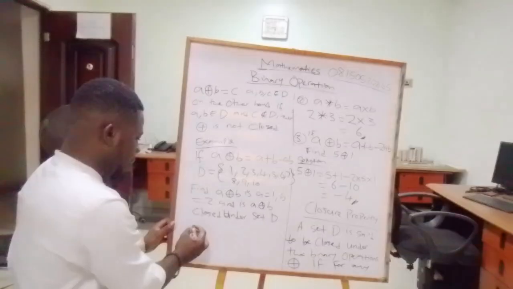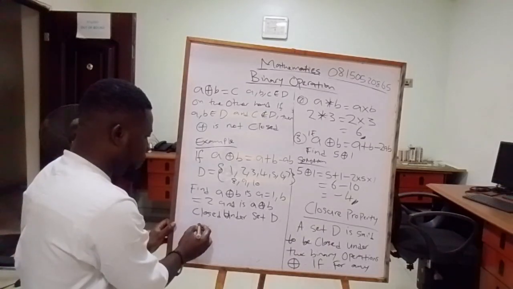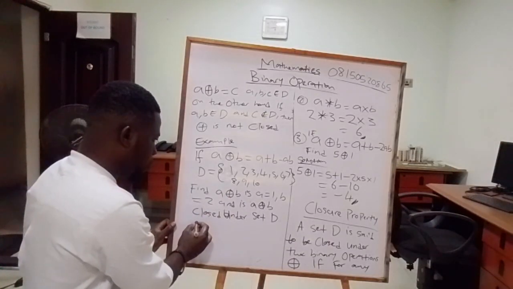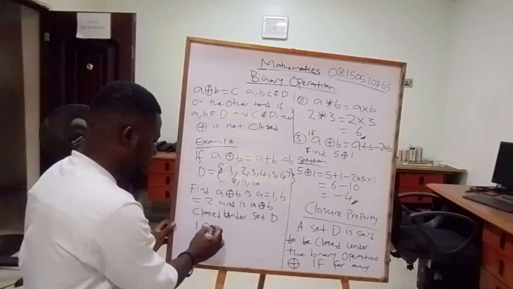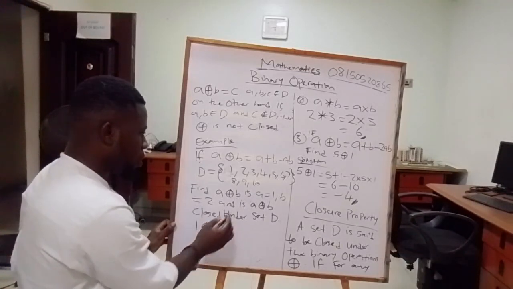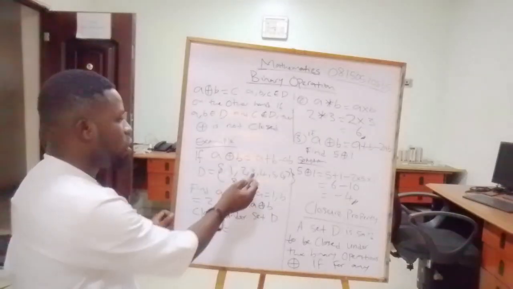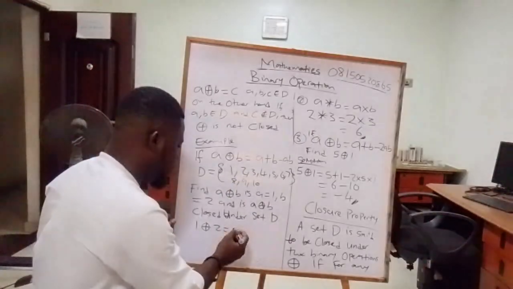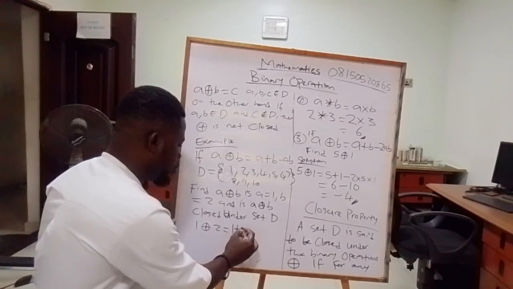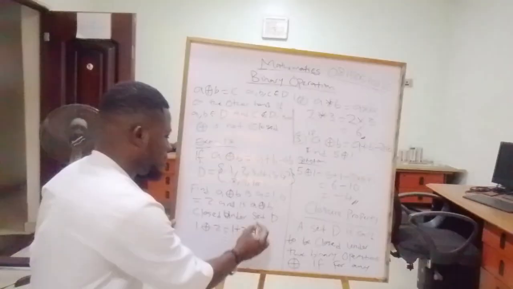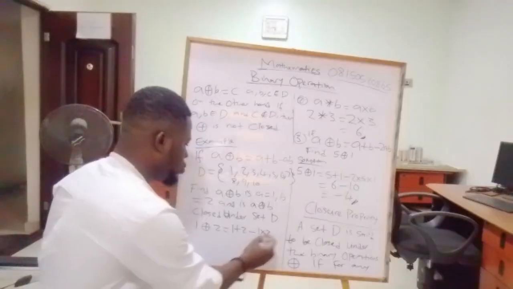What they want is that I should find a operation b. That means we will now turn to 1 operation 2. Let's find what 1 operation 2 is. According to the law, that will give us 1 plus 2 minus 1 times 2.